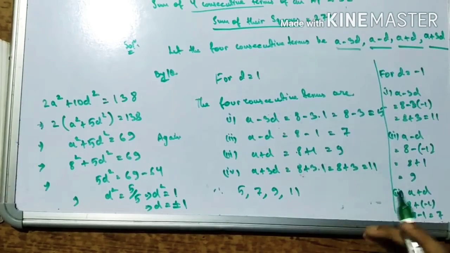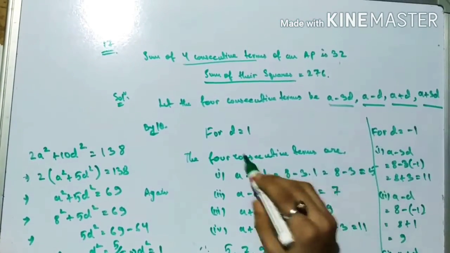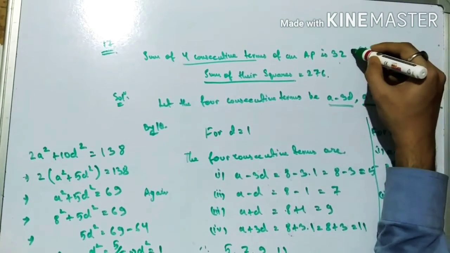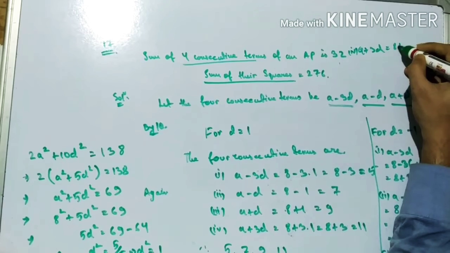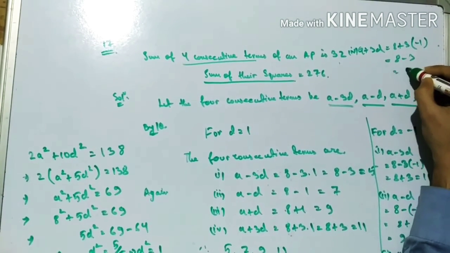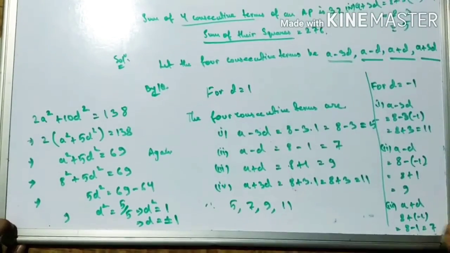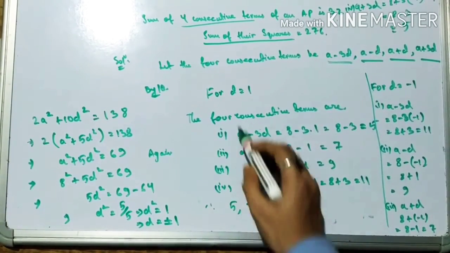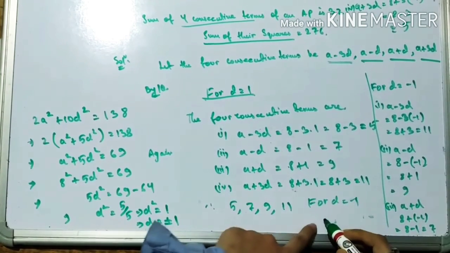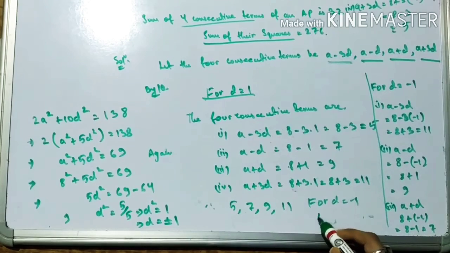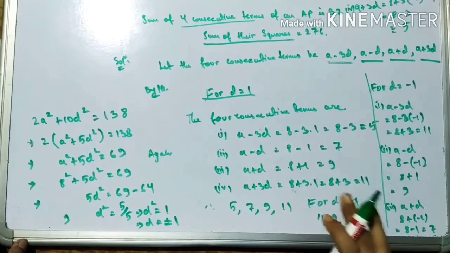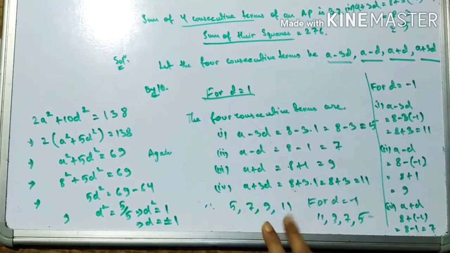The last one, a plus 3d, 8 plus 3 into minus 1, which is 8 minus 3, which is 5. So for d equals minus 1, the AP is 11, 9, 7, 5.